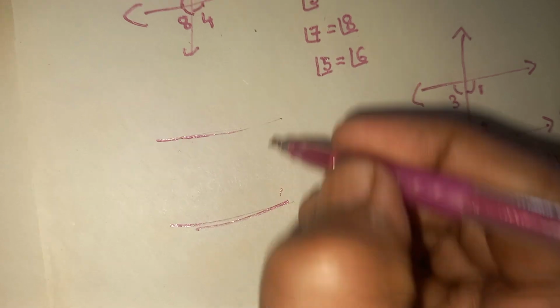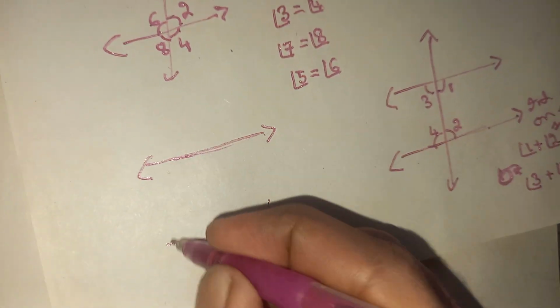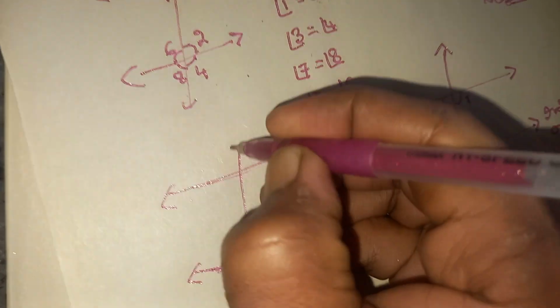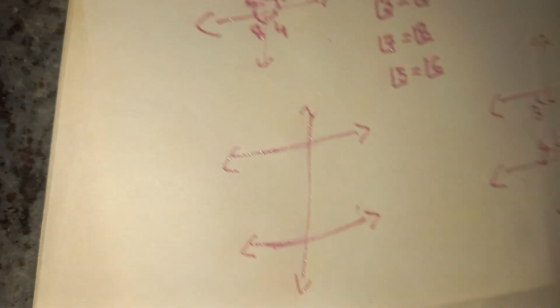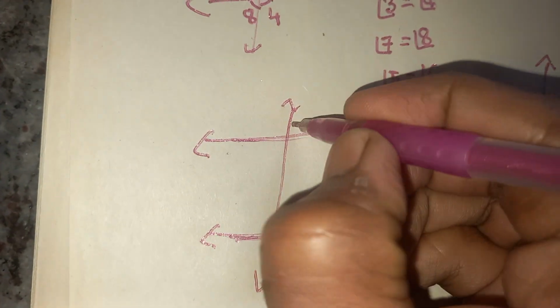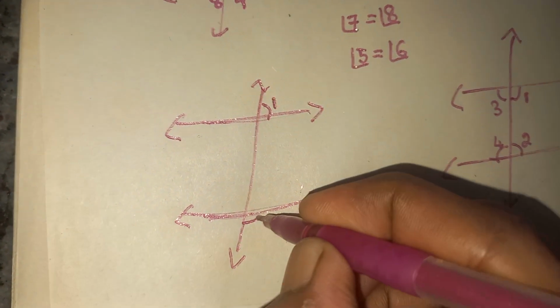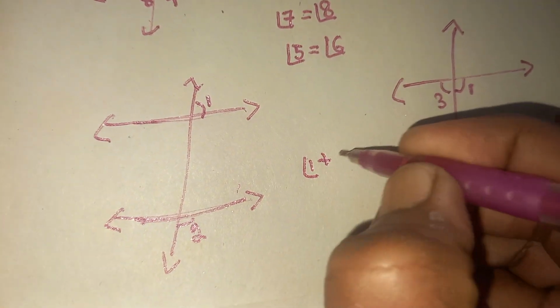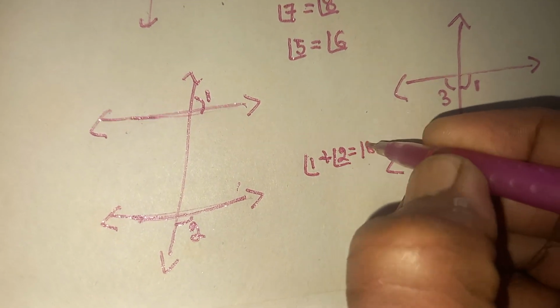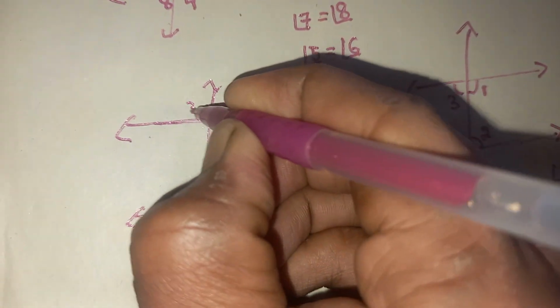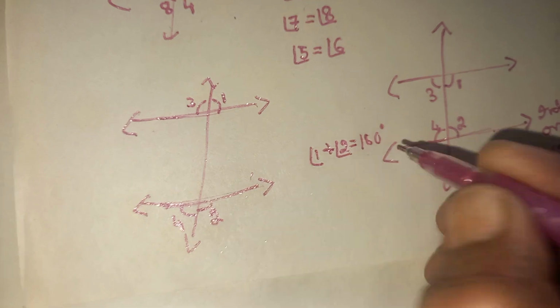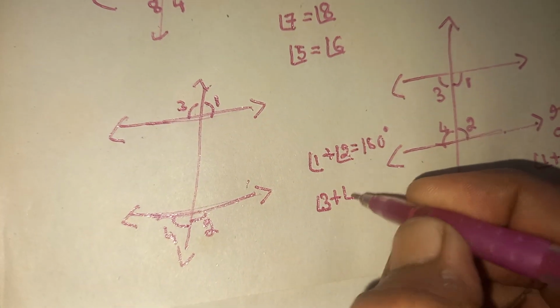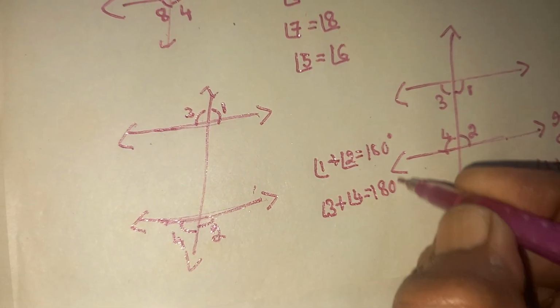If you take this angle, this side and this side, here you get this one as the transversal. In this transversal, angle 1 and angle 2 sum to 180 degrees, and angle 3 and angle 4 here also have a sum equal to 180 degrees.